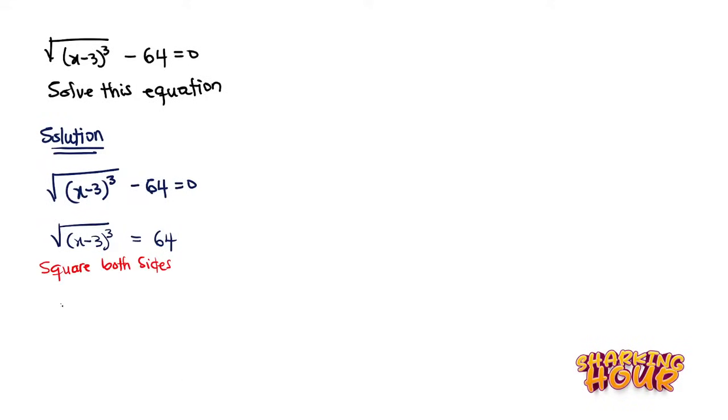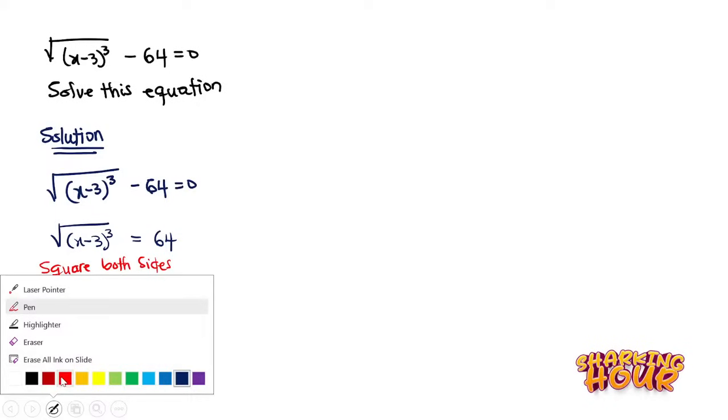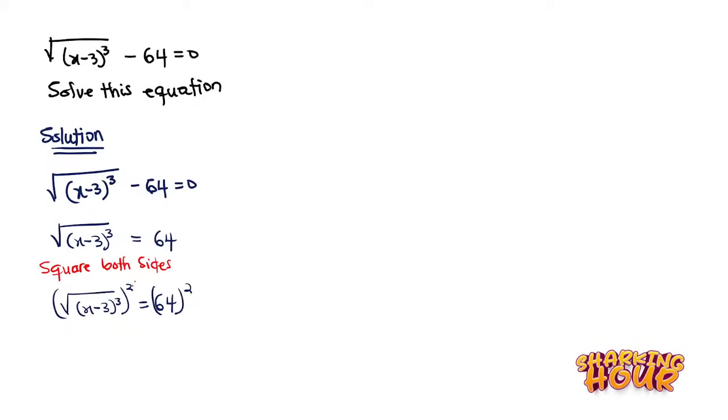So in doing that, I will have the expression (x minus 3) cubed here is equal to 64, and then I put square here. I square both sides, and so I can now continue to solve my problem. Now what happens is that the fact that I've squared both sides means that the square here will take care of the root sign over here.